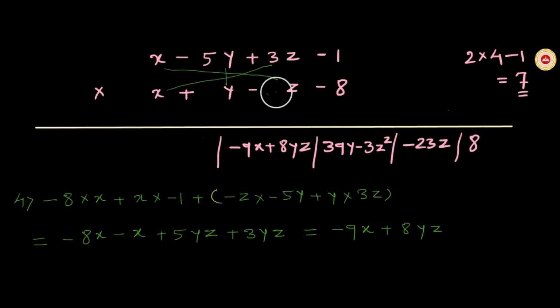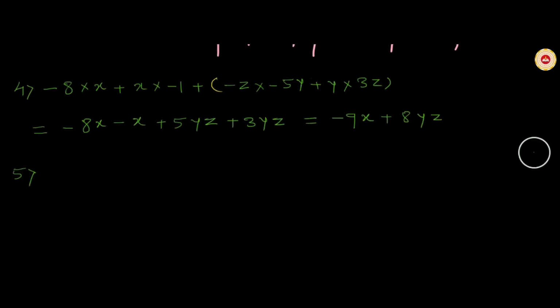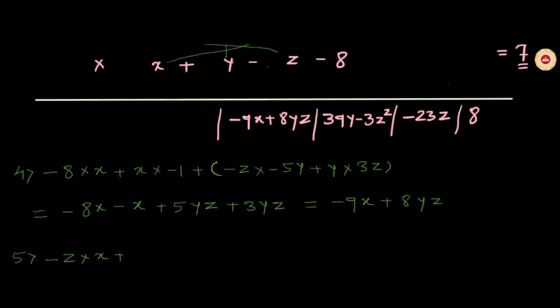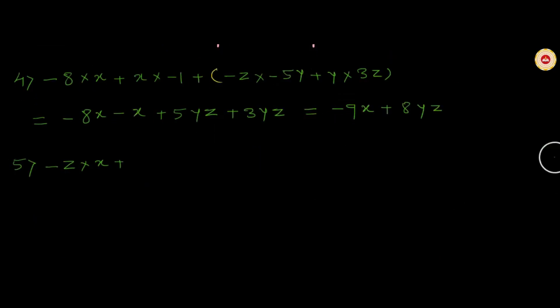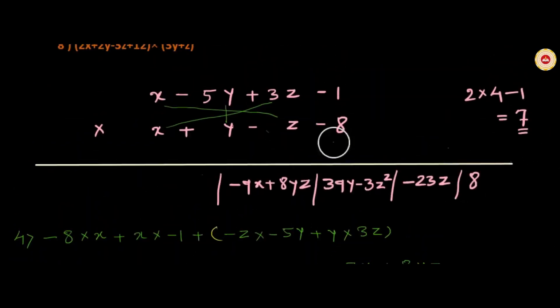So minus z multiplied by x, plus x multiplied by 3z, plus, what is middle column?